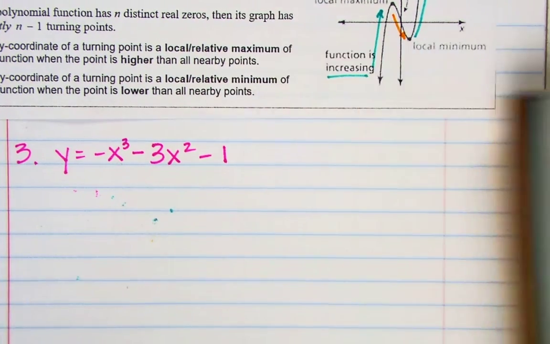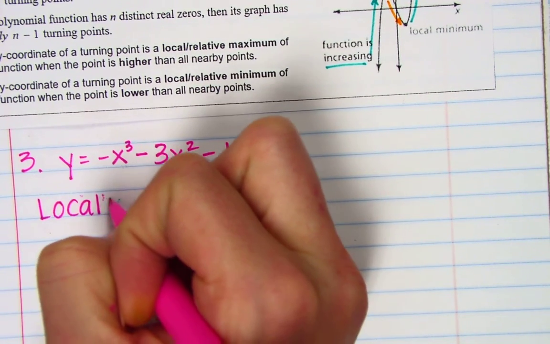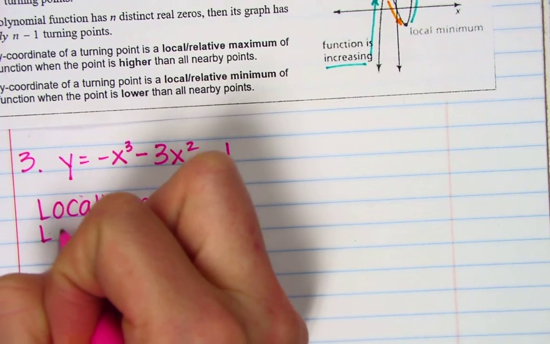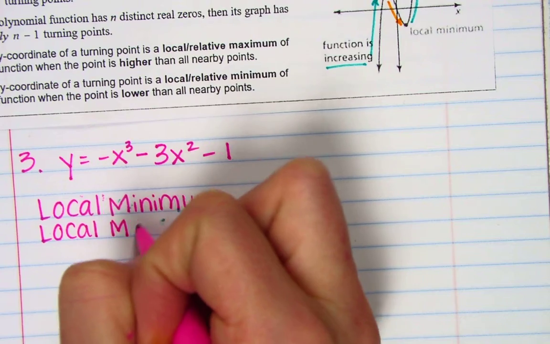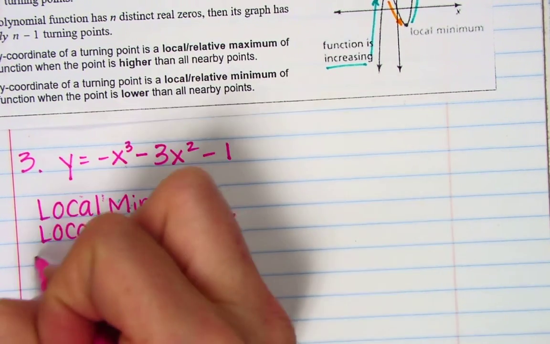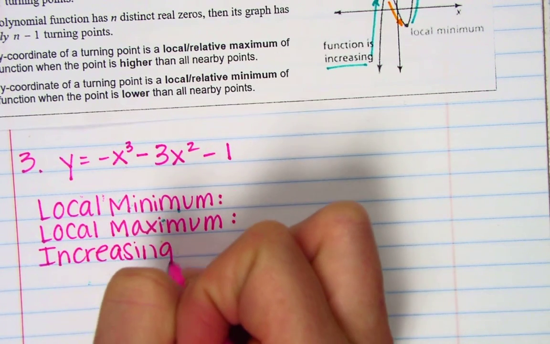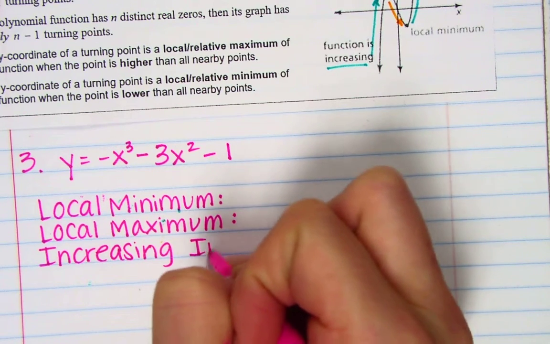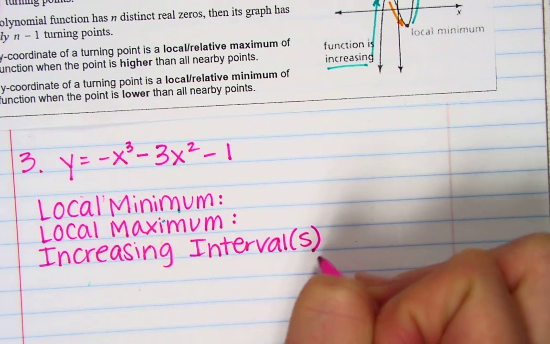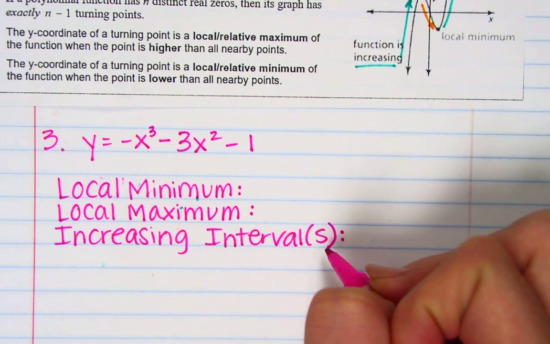And, oh, sorry, I need to write the things that we're going to put down. Okay, we're going to put our local minimum, our local maximum, our increasing intervals, and I'm going to put the parentheses S. That means it could be more than one or not, okay?